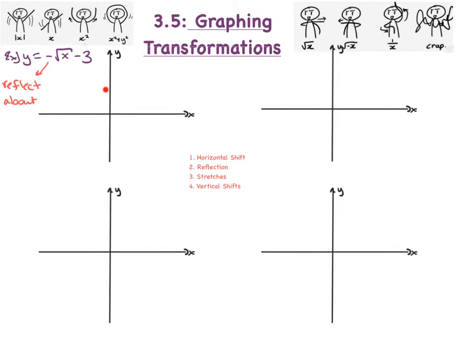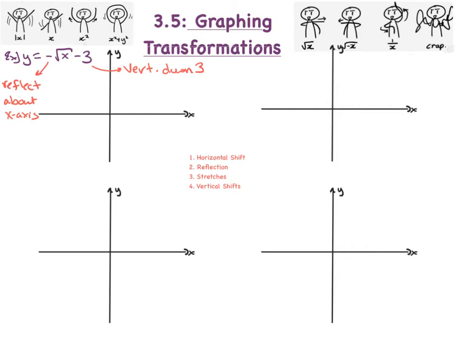That's changing the y values, so it's going to be a reflection about the x-axis because it's on the outside. And the minus 3 is on the outside of the function, so this is going to be a vertical shift down 3. And we don't have any horizontal shifts, and we don't have any stretches here.